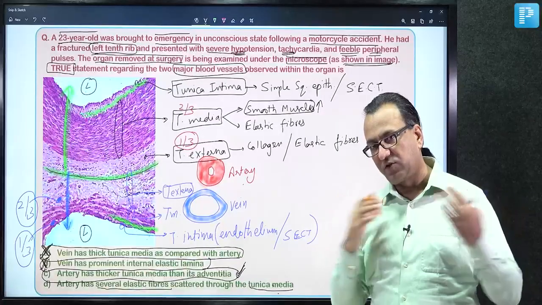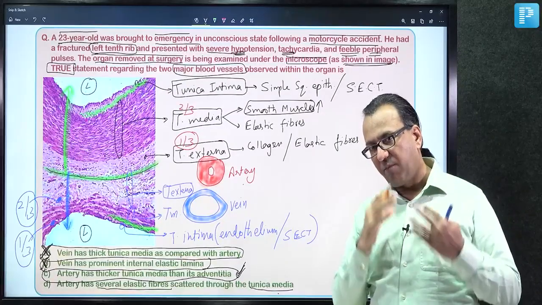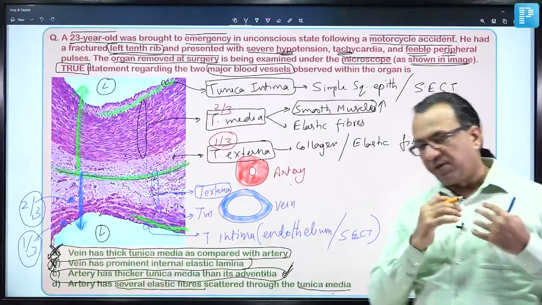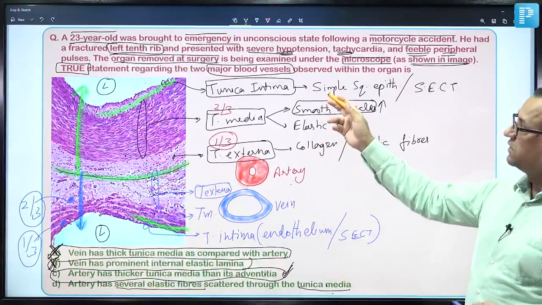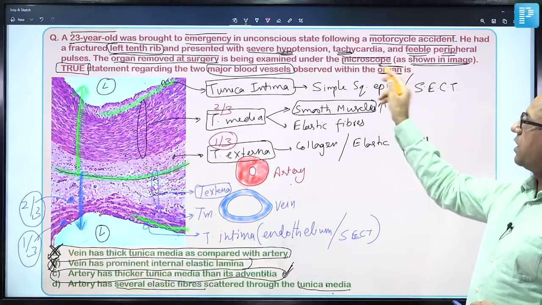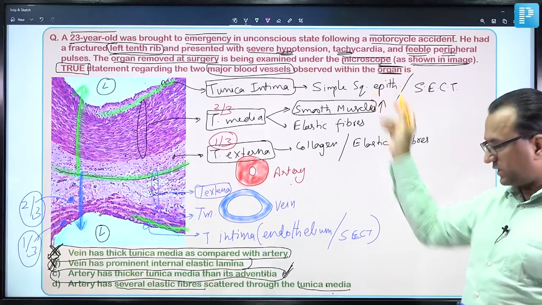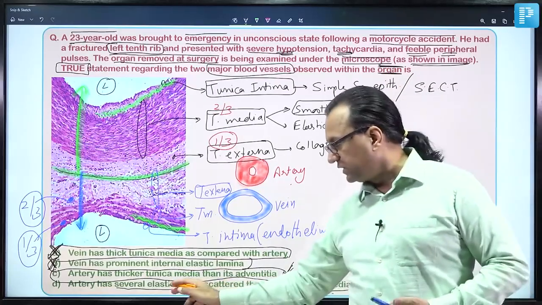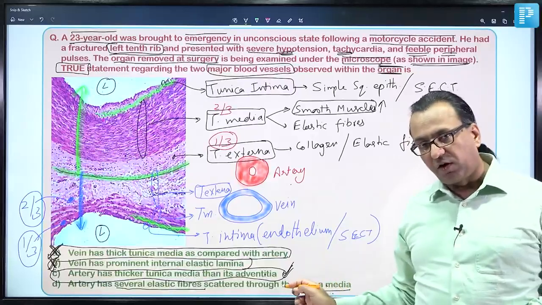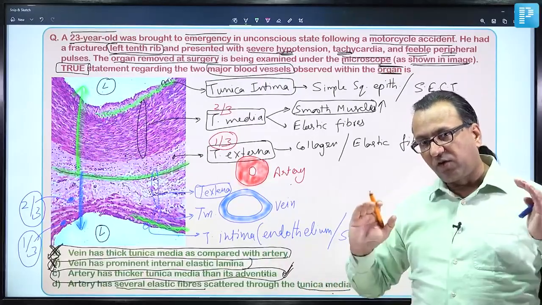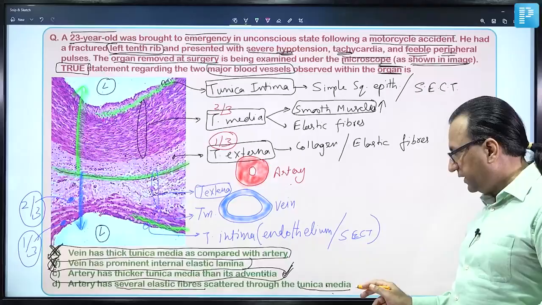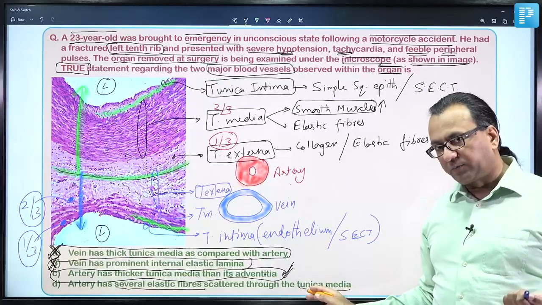During systole and diastole, they provide a buffering of blood pressure. But in case of organs like spleen, they are actually muscular arteries with more smooth muscles, and those smooth muscles in the tunica media are meant for controlling the flow of blood into the organ. So statement D may be true for aorta but not for splenic artery.